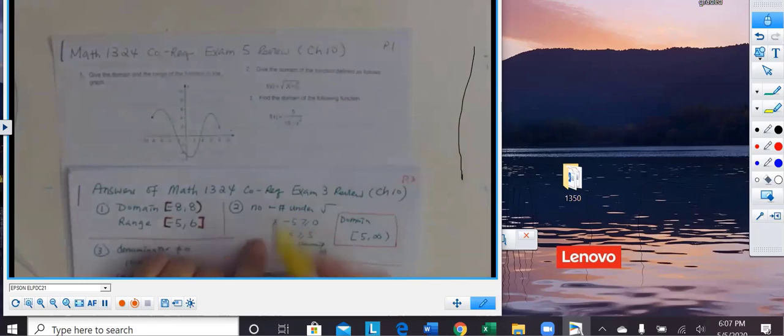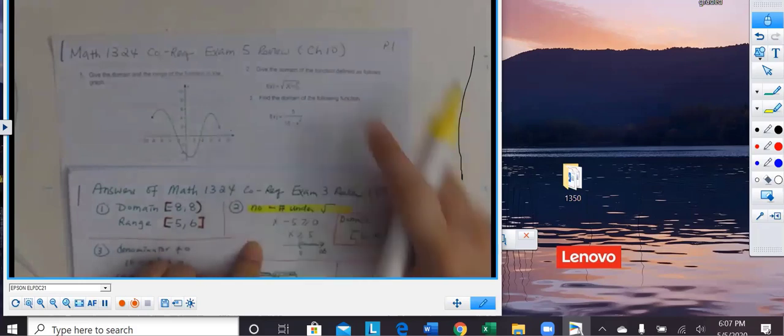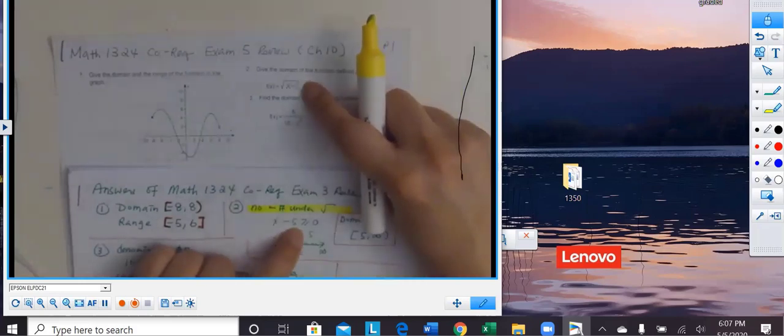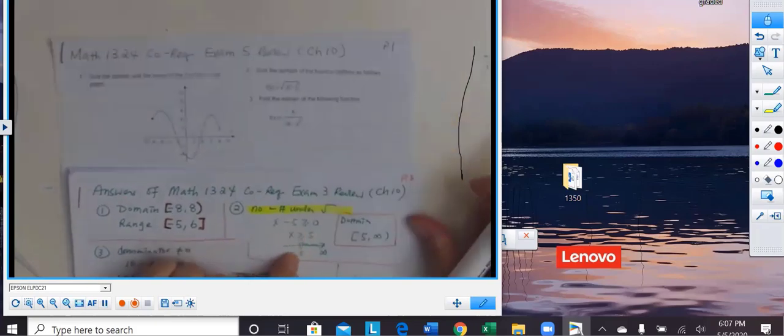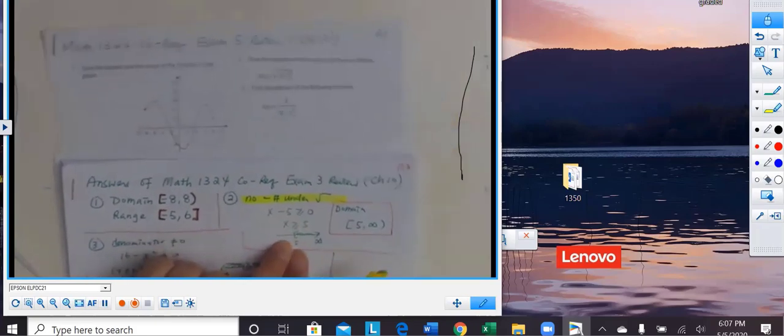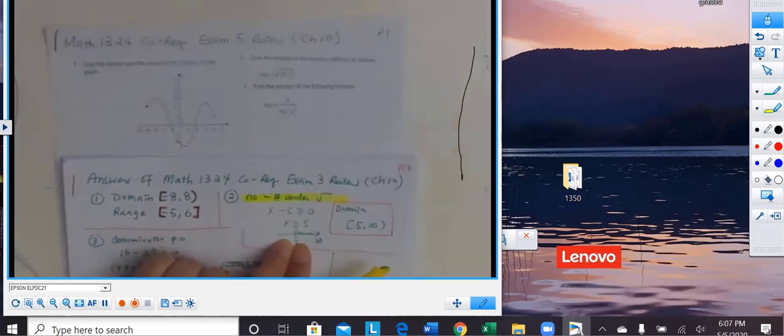Because of that, whatever is under the square root, we're going to set it greater than or equal to 0 and then solve for x. If x is greater than or equal to 5, then it means the domain is any number including 5 to infinity, like that.